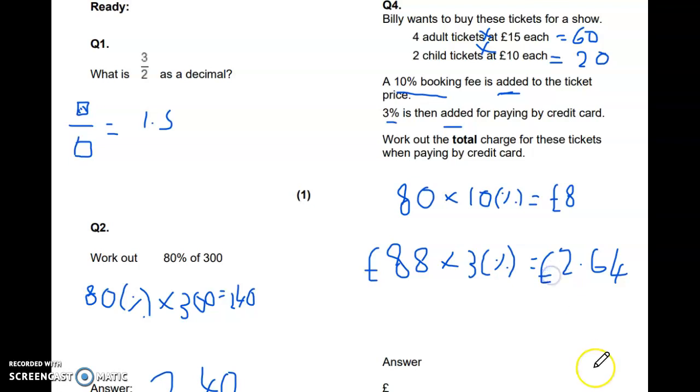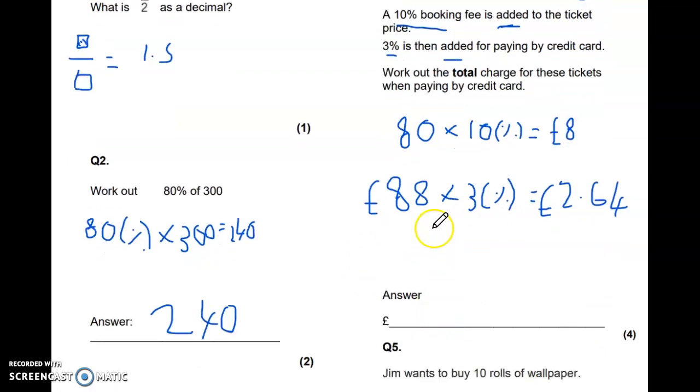So what we'll do with that £2.64 is add it to the 88. So 88 plus £2.64 gives us £90.64.